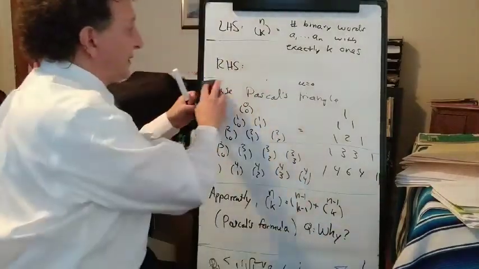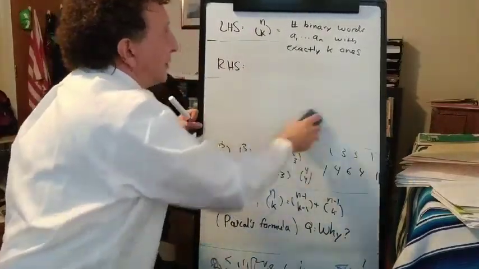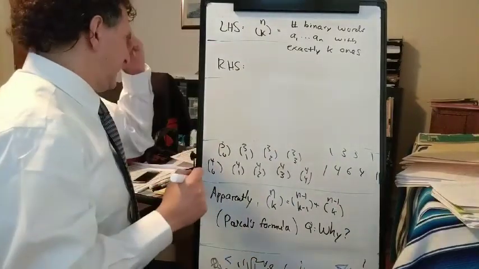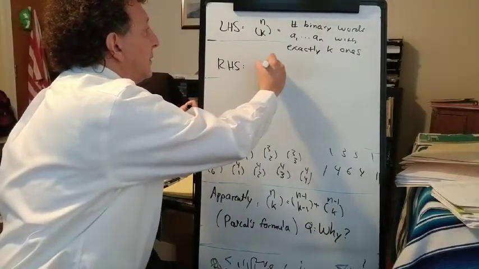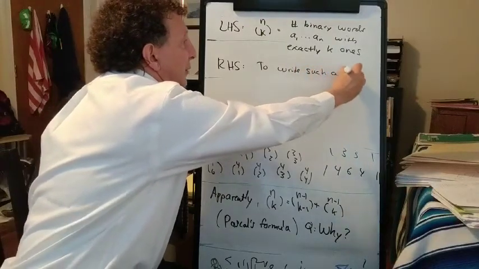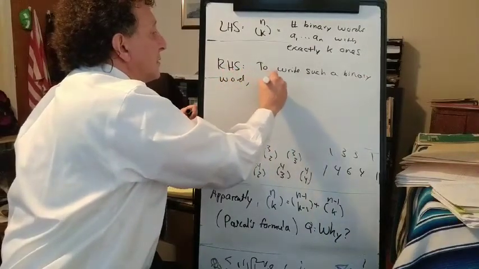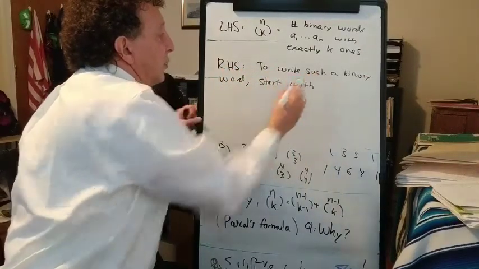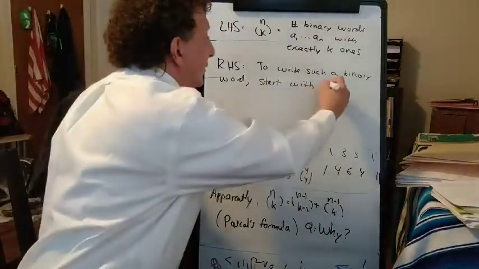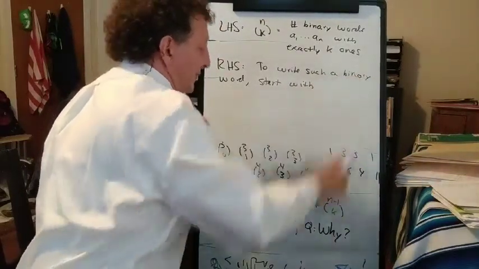Now to interpret the right-hand side in a way that we can see that it's equal to the left-hand side, let's suppose we want to write a binary word a1 through an with exactly k ones. So if we want to write such a binary word, we're going to start with a 0 or a 1, because every binary word starts with 0 or 1. Let's start with 1 or 0.